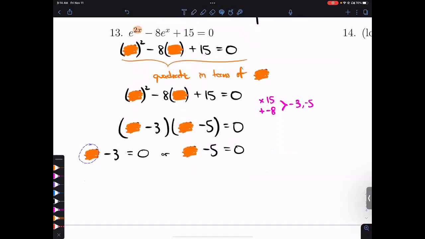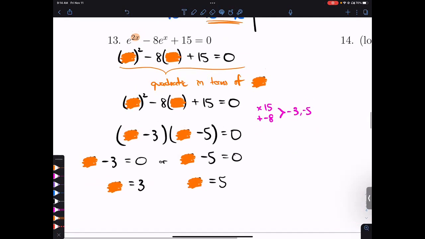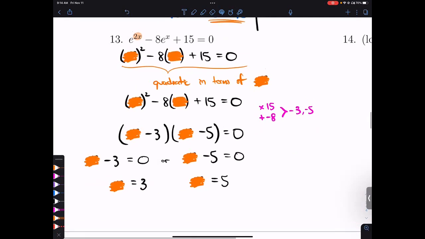Which would mean that this is equal to 3 or 5. And then we're at the point where I've done everything I can while pretending that that's not there.